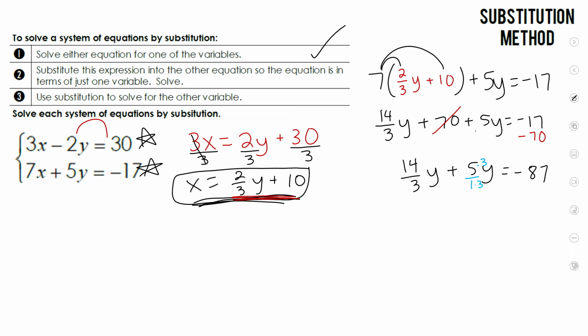So what this becomes is 14/3 y plus 15/3 y is equal to negative 87. Okay, so we get 14 plus 15 is 29 divided by 3y equals negative 87.